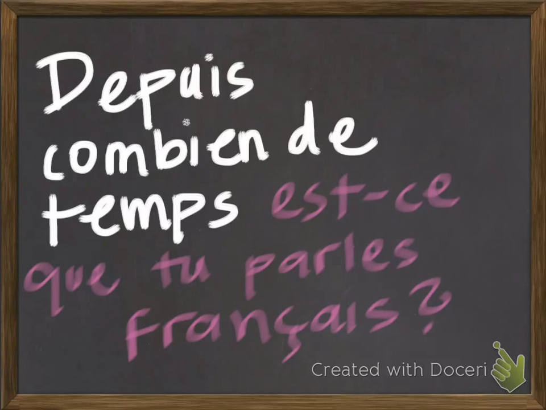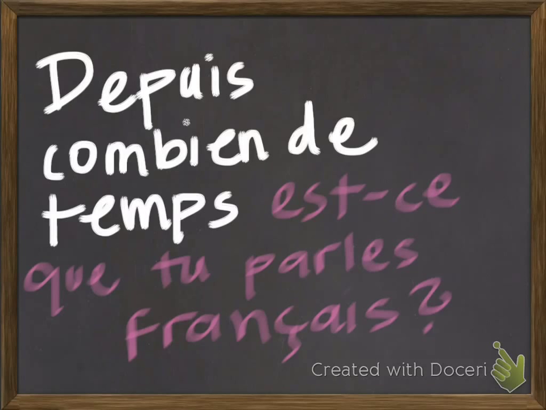Now this changes when someone asks depuis combien de temps, because depuis combien de temps is asking literally how much time. So in that case, you have to give your answer in minutes or hours or weeks or years, because it's asking for an actual time, not when the event began.